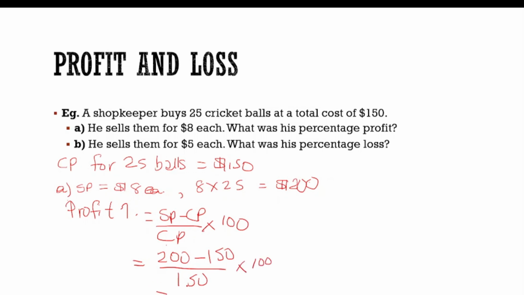That gives us 50 over 150 times 100. 50 into itself goes 1 time, and into 150 goes 3 times. So here you notice we still end up with 1 over 3, or 33 and 1/3%.